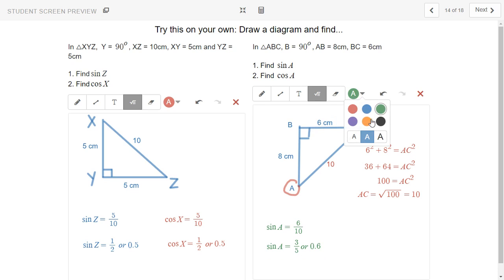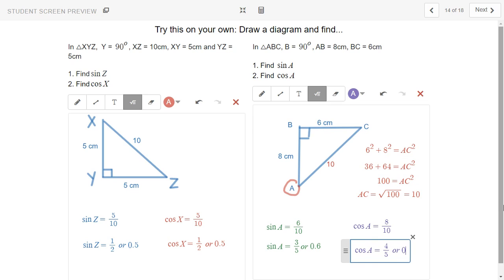And our second one, cosine A, is equal to adjacent over hypotenuse, so 8 over 10. Let's simplify that. So cosine A is equal to 4 over 5, or we could say 0.8.